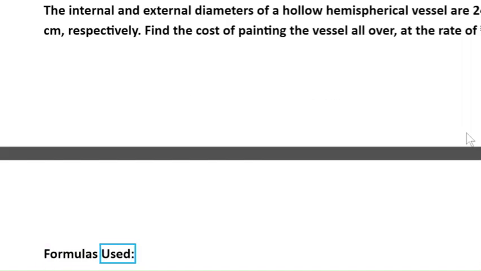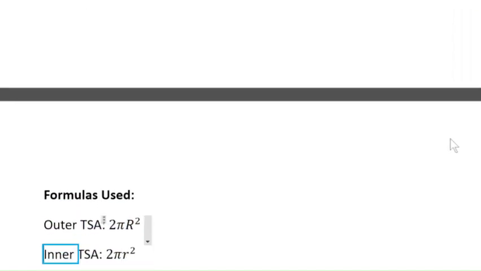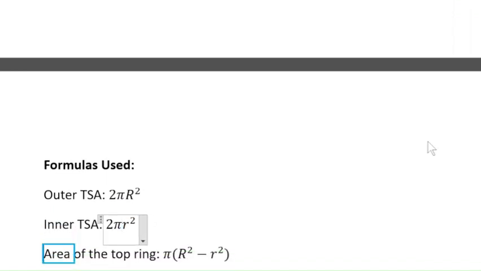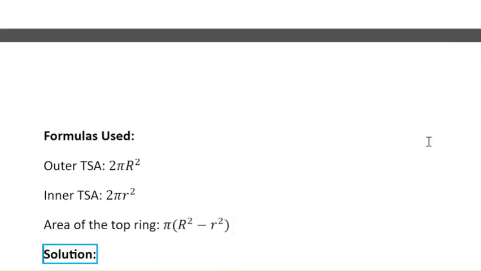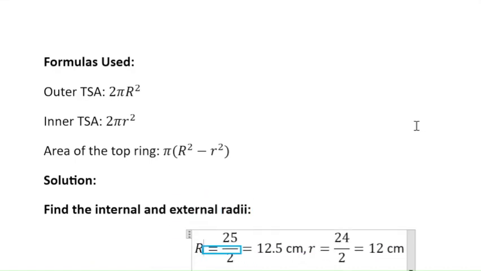Formulas used: outer TSA 2 pi R squared, inner TSA 2 pi r squared, area of the top ring pi (R squared minus r squared). Solution. Find the internal and external radii. R equals 25 halves equals 12.5 cm, r equals 24 halves equals 12 cm.